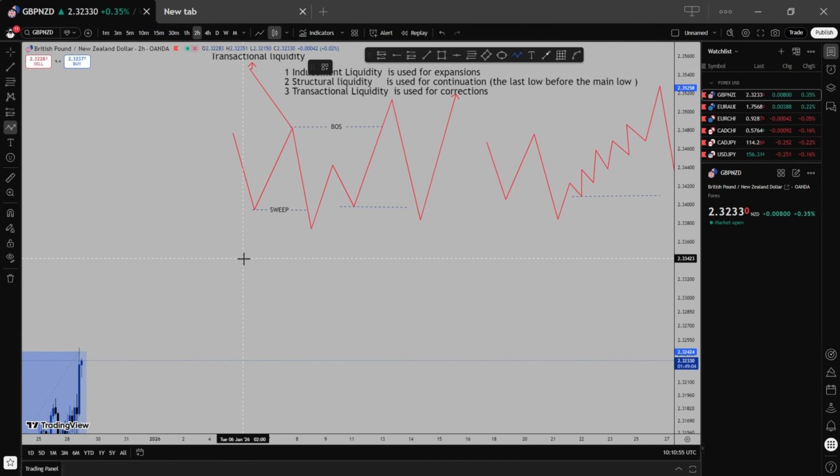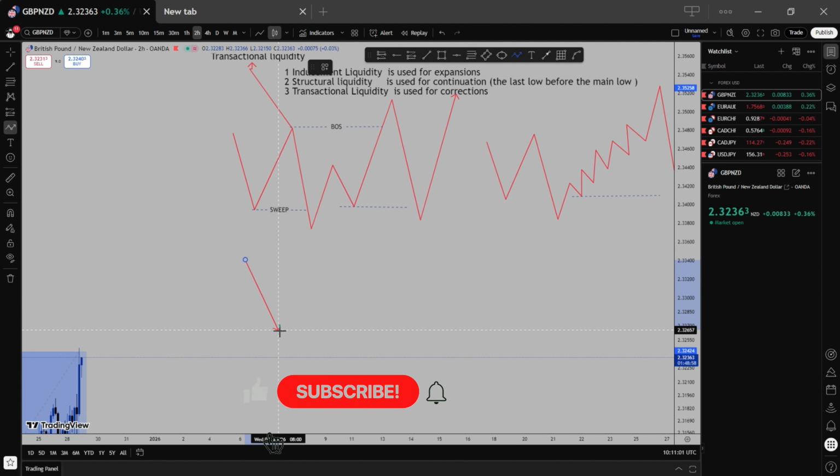So you actually get stopped out by your SL before that. That's why you see some setups where price takes out the SL before going to TP.